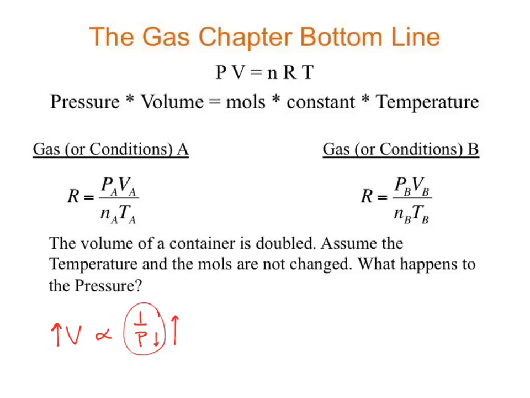So how can we go through and quantify that? Okay, well, we've got 2 conditions. We have a volume, a pressure, moles, and temperature, all at conditions 1, our first conditions. Okay.